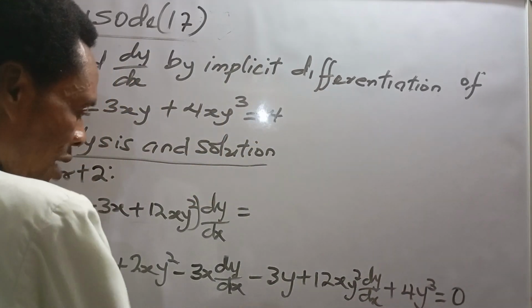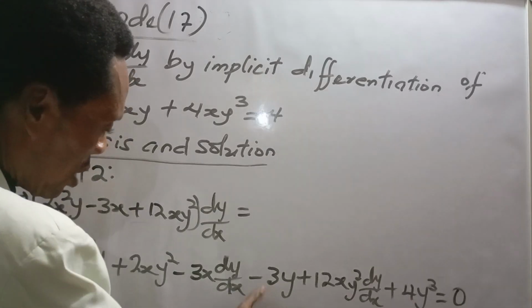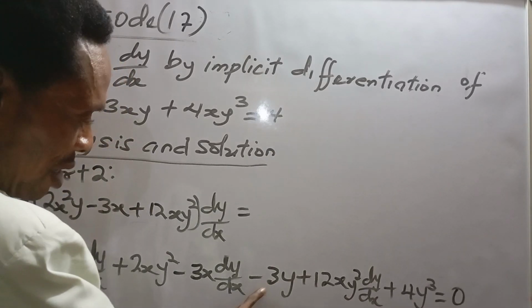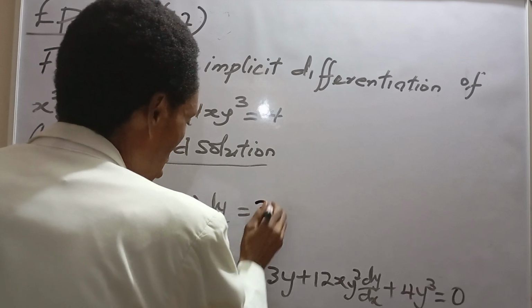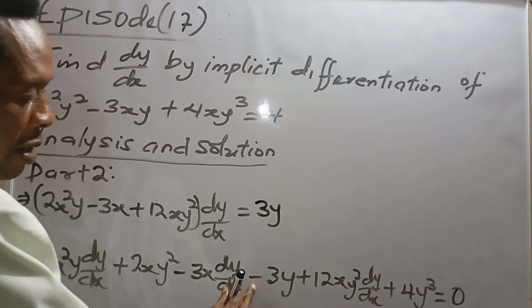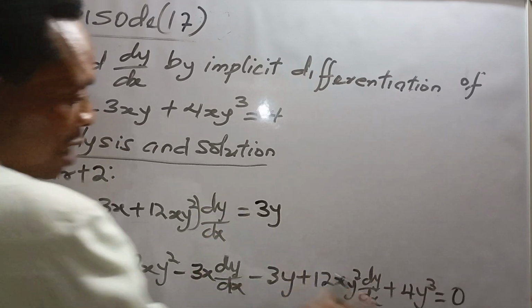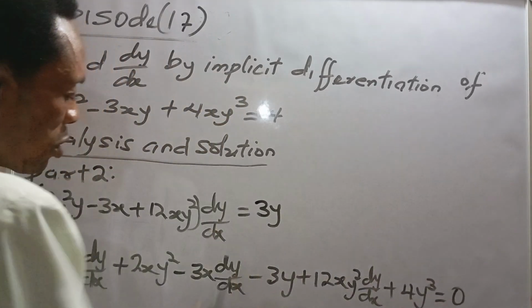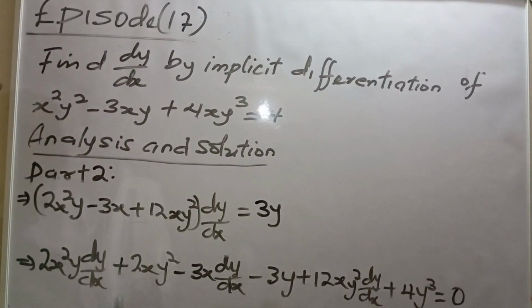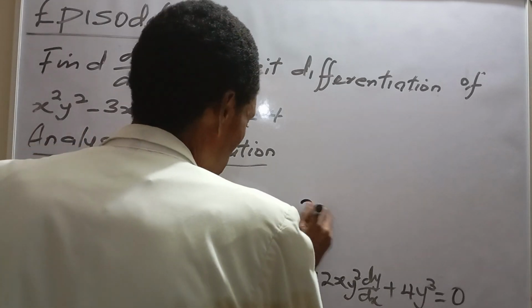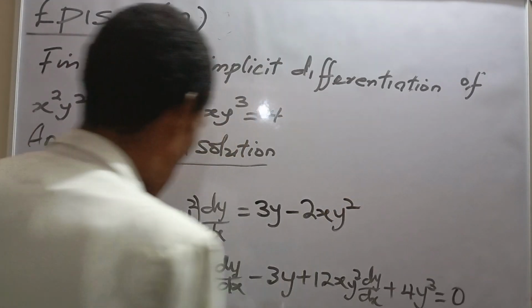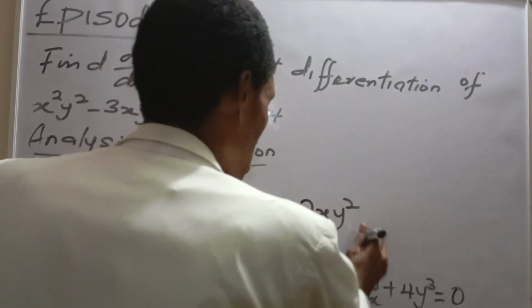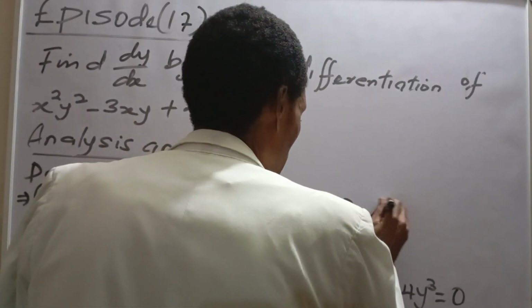I will choose the one that we first of all will change to positive, which is this one. So I will first of all write it, which is 3y, because when it crosses this equality sign, it changes to plus. Then I choose this one, minus 2sy squared. Then the last one, which is this, minus 4.